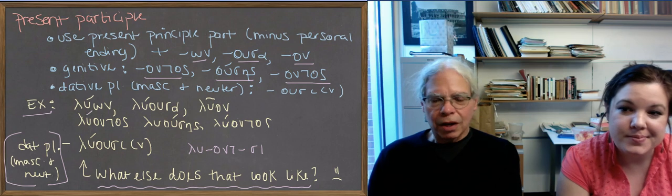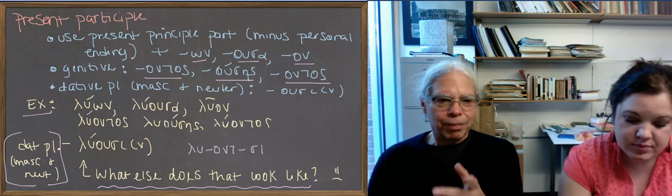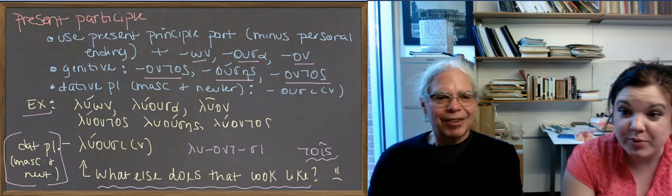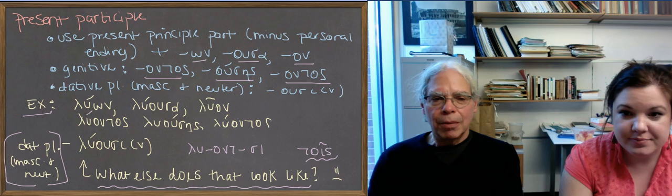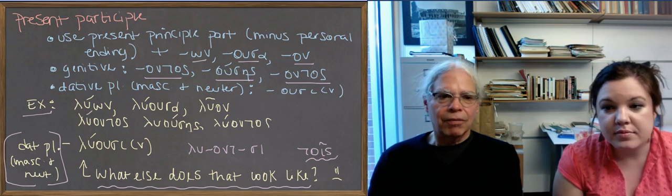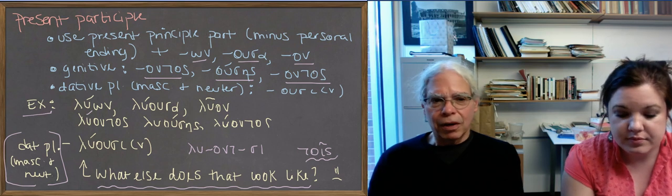So you have to be careful, but there'll be ways in which you can tell whether it's a finite verb or a participle in the dative plural. What else does this look like? Articles will help you with this. Yes, exactly. Because adjectives have articles in front of them, and they have nouns that they agree with, and stuff like that. So there are going to be lots of cues.